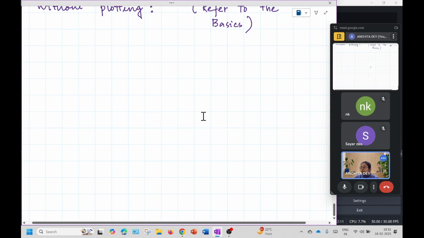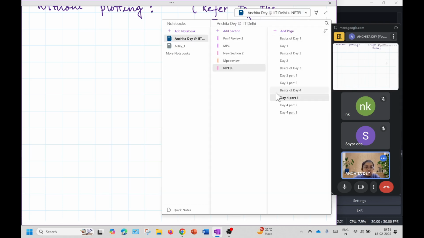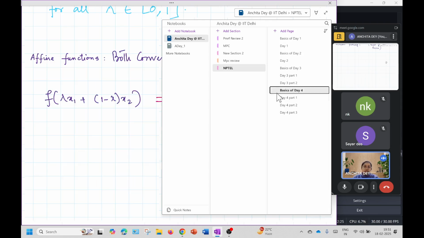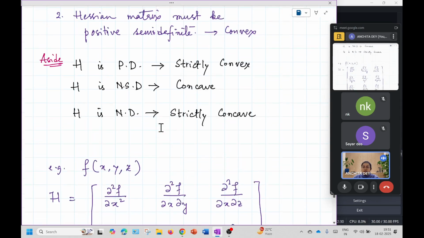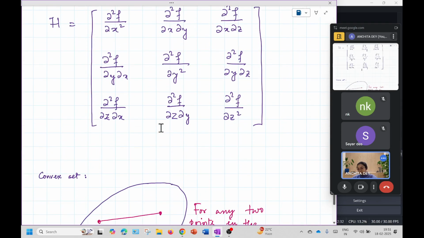So I think I can discuss the third method as well. Okay, yeah, so I just left out one method. I won't say it's a method, it's simply the same testing condition that we have, which is the basic definition. I'll just add a point here.